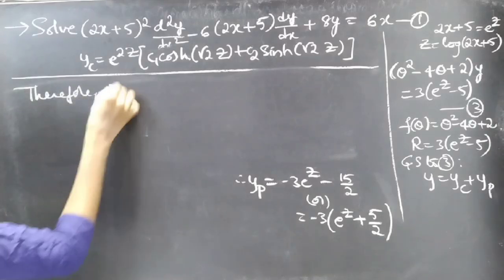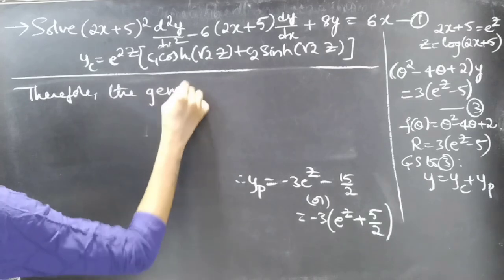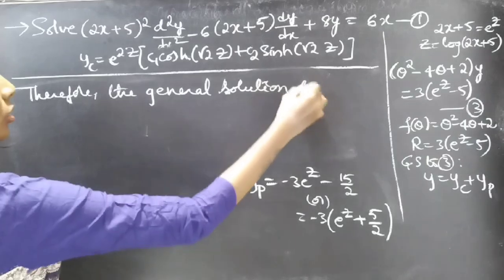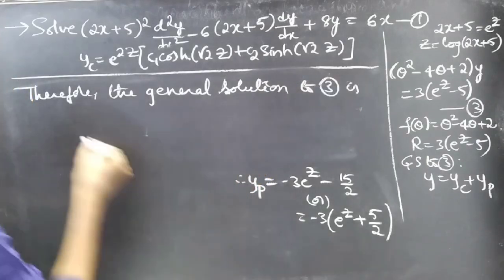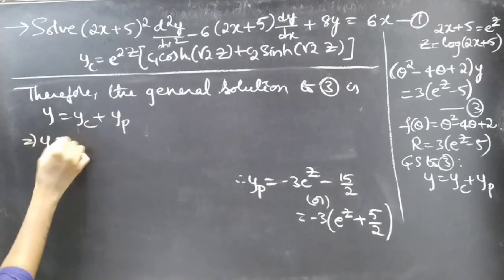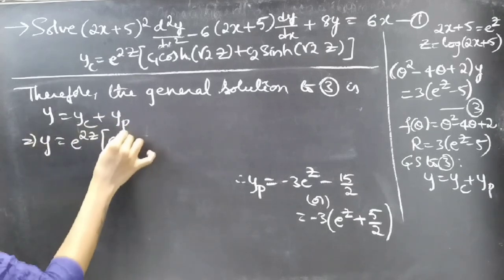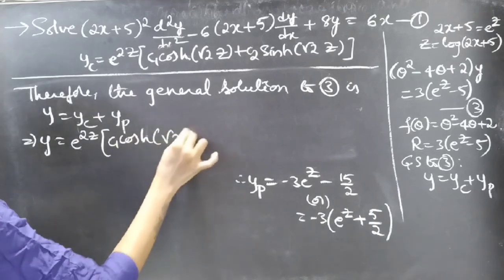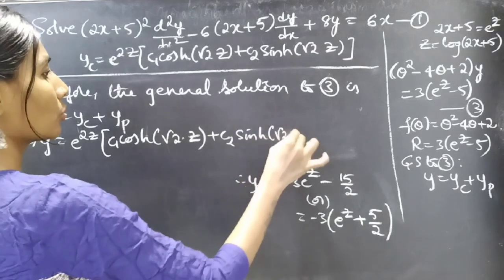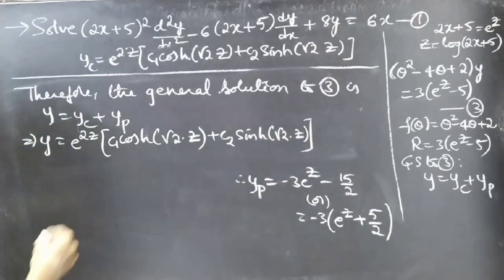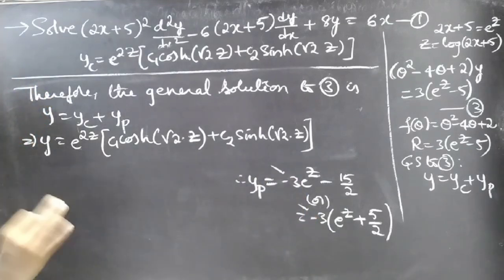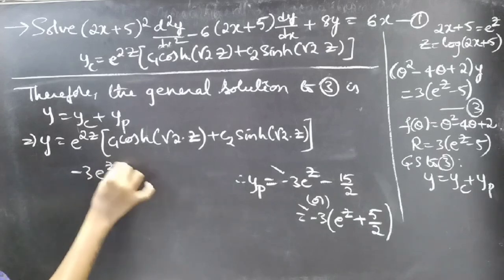Then y equals e power 2z into c1 cos h into square root of 2 into z plus c2 sin h into square root of 2 into z, plus yp. You can consider either the first one or the second one, it's up to you. So I'm taking the first one.